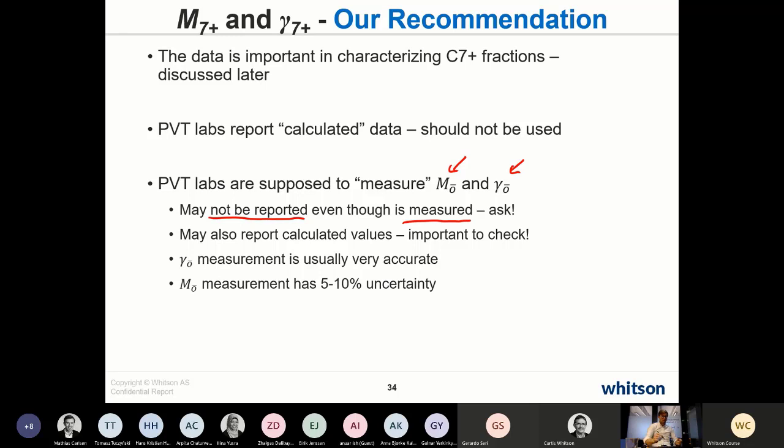And the reason why it's not reported is because the laboratories don't like all the questions that might arise if you report two numbers of the same property. So if you report the calculated C7 plus molecular weight and the measured C7 plus molecular weight, you have to also answer the question of what is the difference from that. So when we talk to some laboratories, they just for simplicity report the calculated value, even though they measure the total.